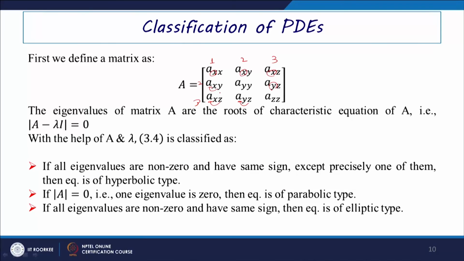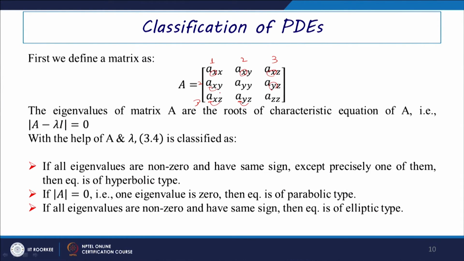So, the first condition is that if all eigenvalues are non-zero and have the same sign except precisely one of them, then the equation is hyperbolic in type. This means that suppose we have roots like 2, 2, minus 3. Then two are repeated and one is different, and if we get roots like that, then we can say it is hyperbolic type.